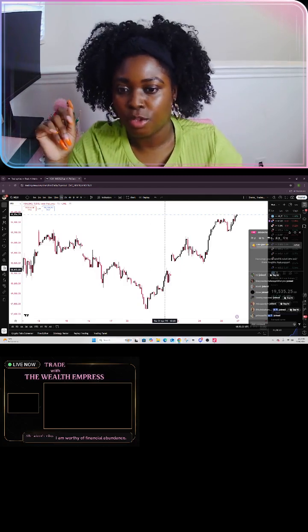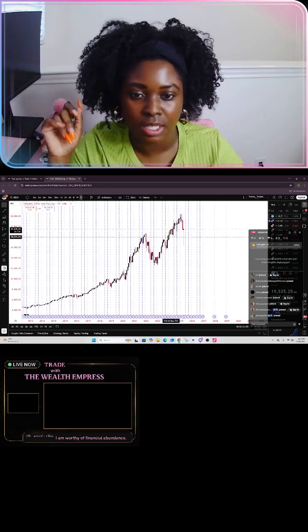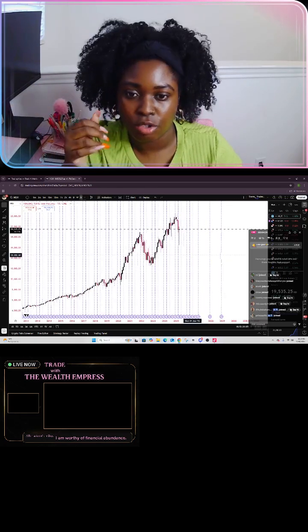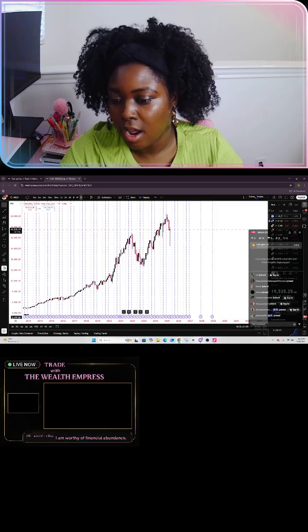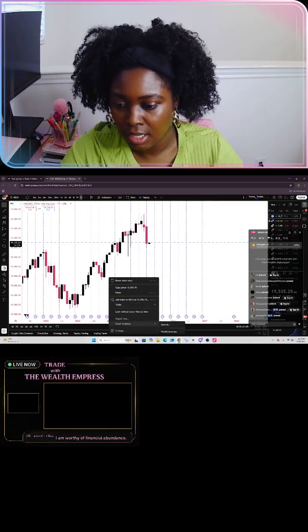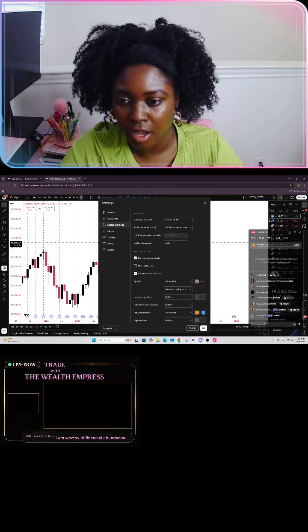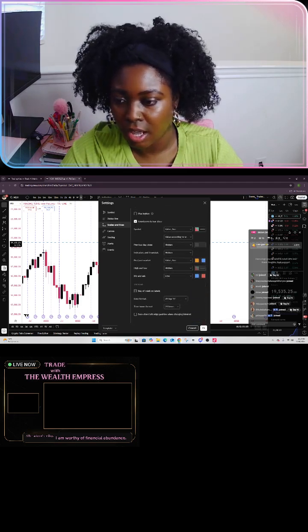We'll start off on Nas, and actually, because it is the end of the month, I'm gonna go to the monthly, and we're gonna see where we are from the monthly high or low. Now, I don't know why these lines are back on my chart, y'all. It took me forever to figure out how to get these stupid lines off, and now they're back.